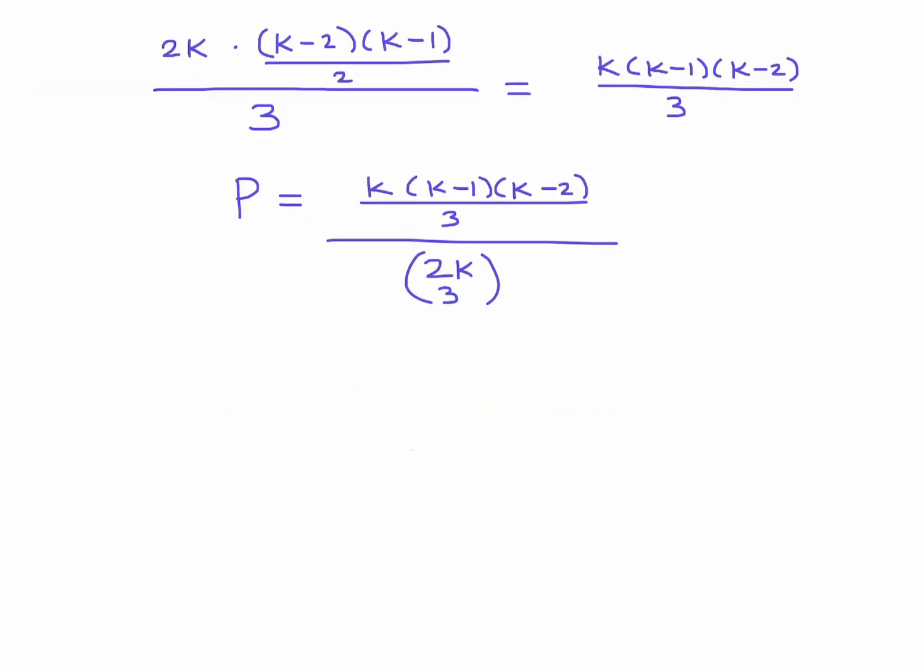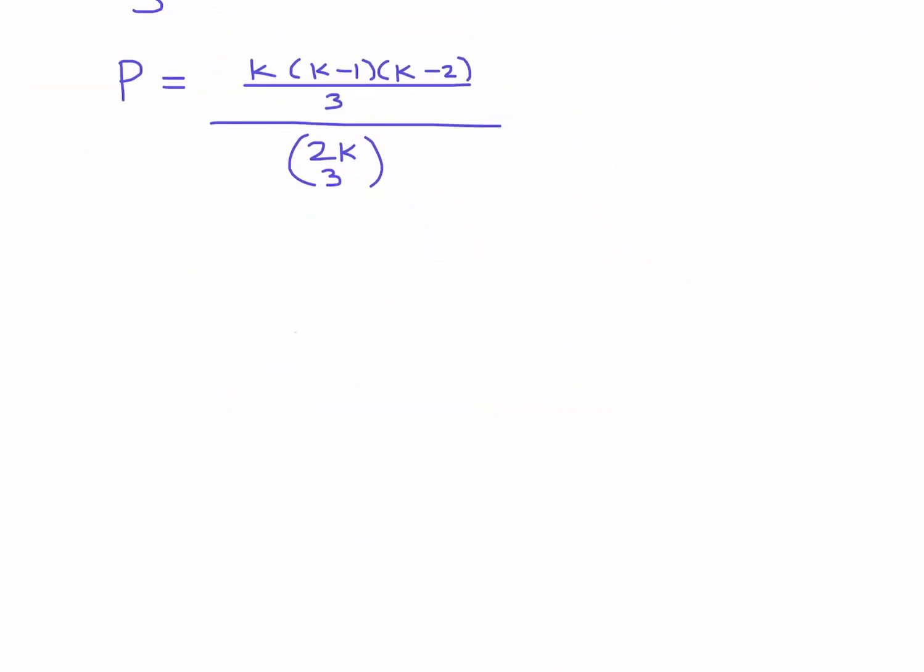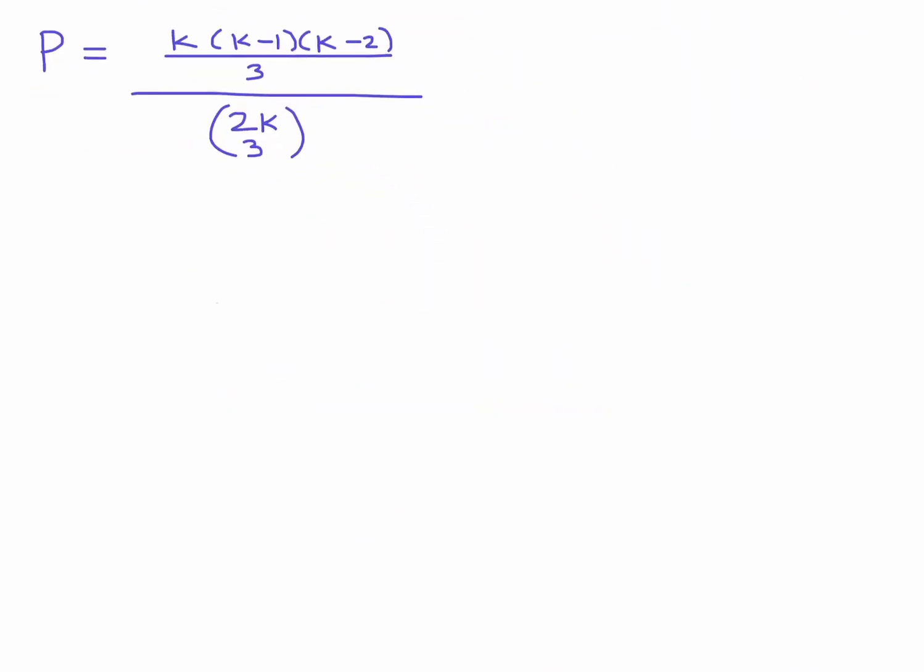So here we go. Let's simplify this. Now the first thing I'm going to do is, instead of simplifying the top and bottom, let me just simplify 2K choose 3 over here. That's 2K factorial over 2K minus 3 factorial times 3 factorial. Correct?